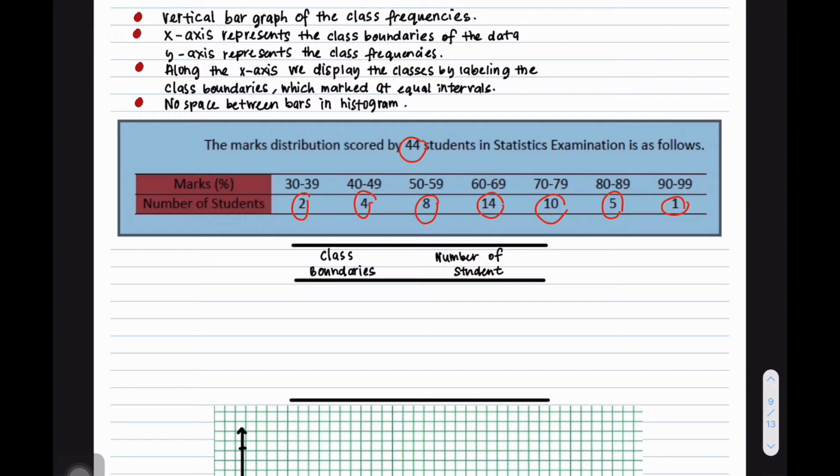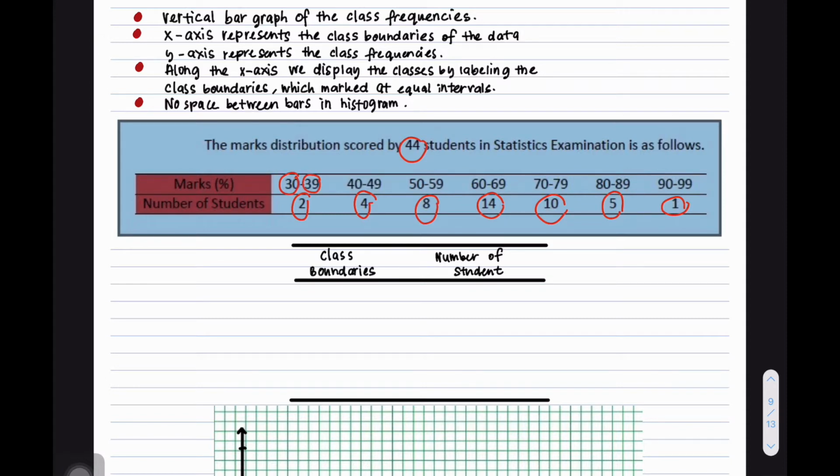Now you need to remember that for you to construct a histogram, you need 2 pieces of information. The first one is your class boundaries, and the second one is the frequency of each class. So let's see the first class here. You have 30 to 39. So 30 is called your lower limit, and 39 is your upper limit. And how to find the class boundary?